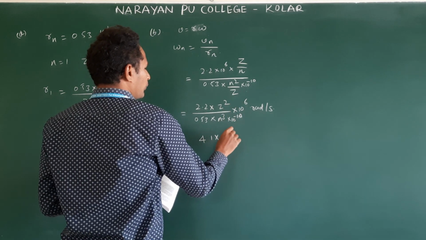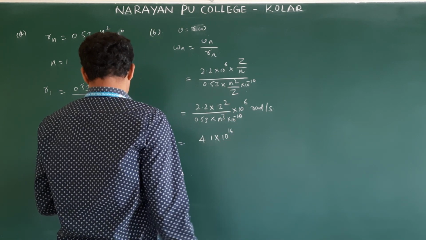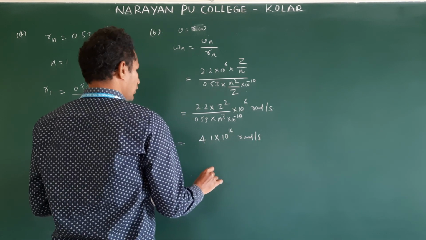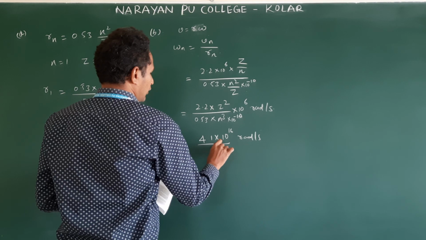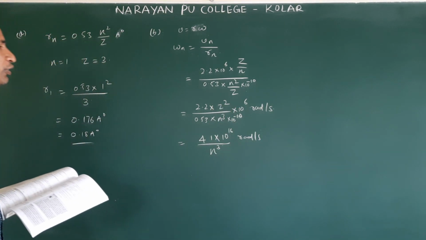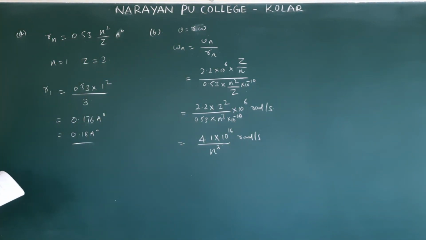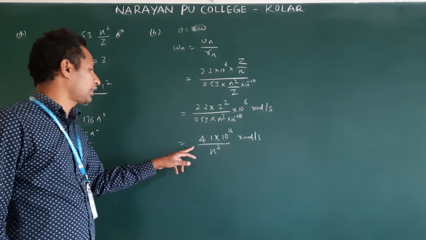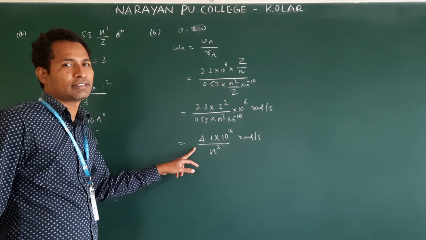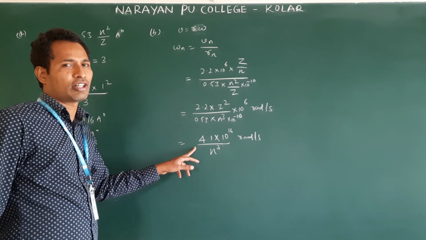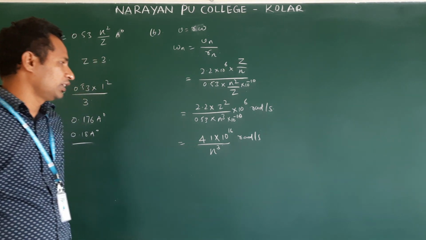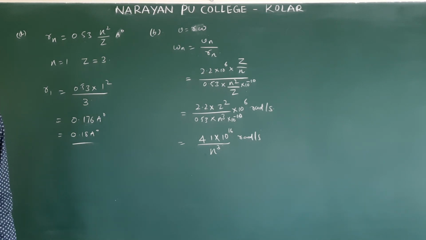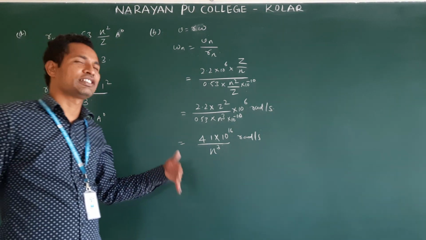This minus 10 goes up, this is 16 radian per second by n cube. If n value is 1, 2, 3, based on that we can answer. Clear? Remember this one, for angular velocity of electron in a fixed orbit for hydrogen in nth orbit. If they ask ground state, n is equal to 1. If they ask another state, any first excited state, n is equal to 2, n is equal to 3, like that.